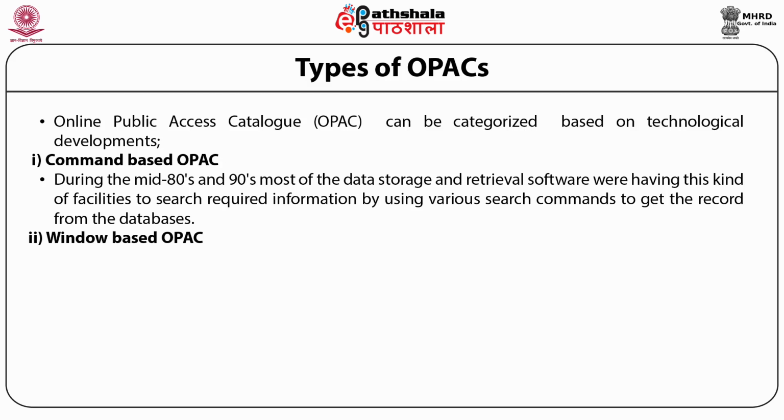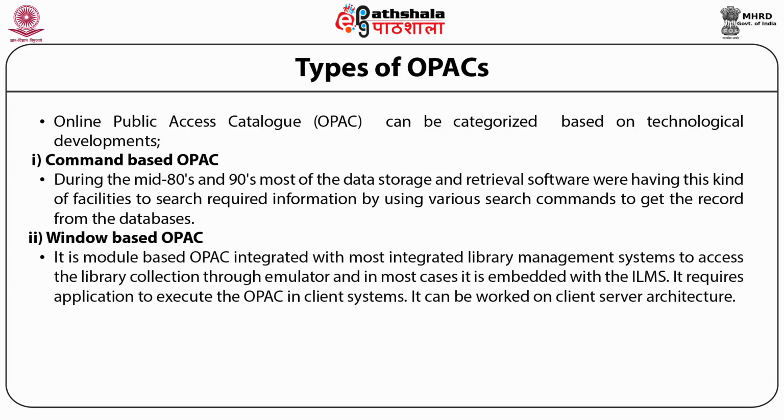Window-based OPAC. It is module-based OPAC integrated with the most integrated library management systems to access the library's collection through emulator, and in most cases it is embedded within the ILMS. It requires application to execute the OPAC in the client systems. It can be worked on client-server architecture also.